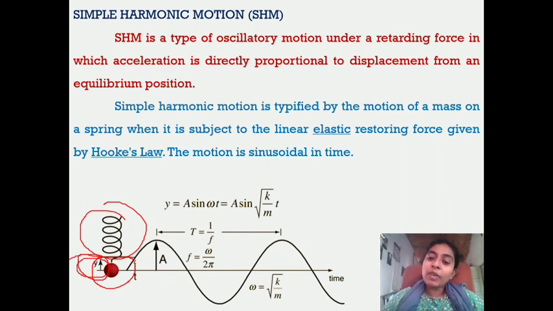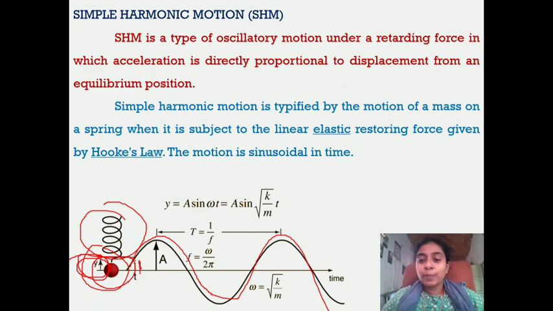So when you give a tensile force with the help of this mass, and then you release the mass, it will be vibrating. So this is the direction of vibration. Because of this vibration, the distance, that is the displacement of the spring mass system, is taken as y.